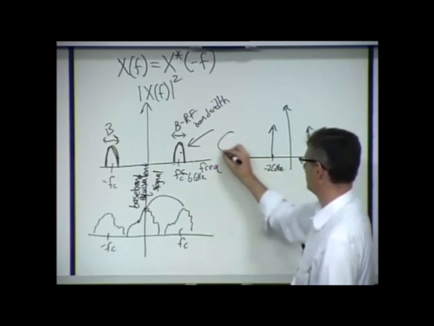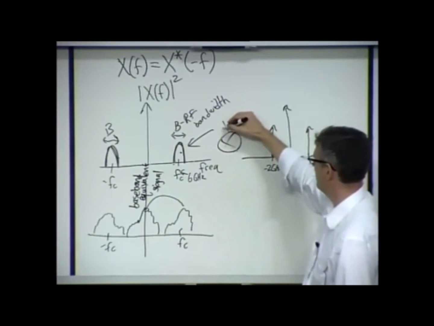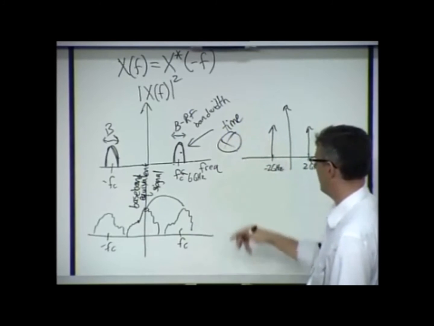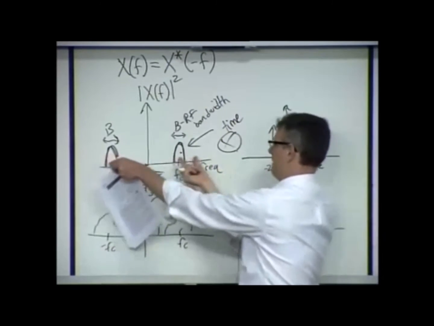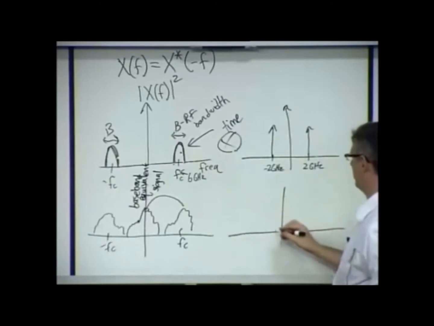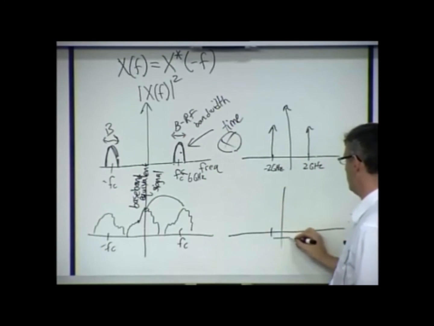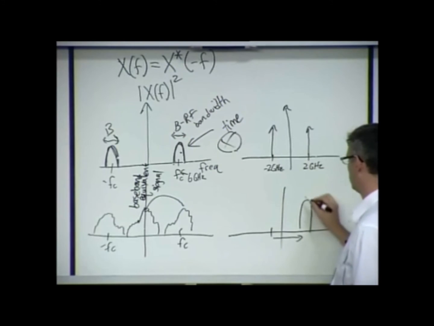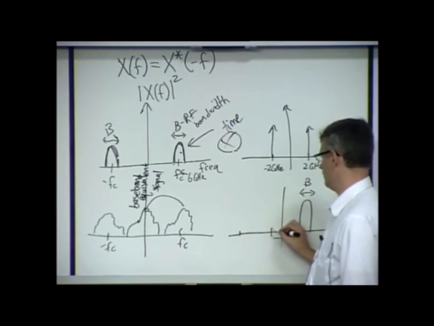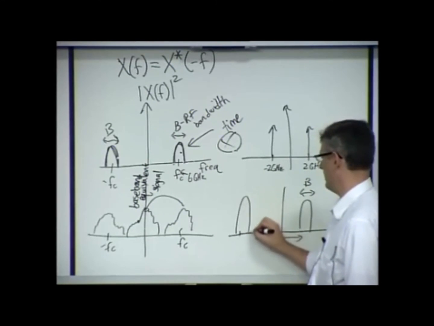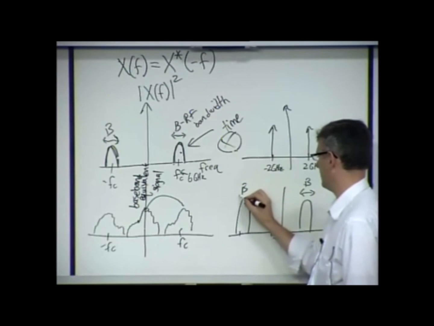So when I multiply these two in the time domain, I convolve them in the frequency domain, and what happens, I just take this signal, I plop a copy down, centered at 2 gigahertz. That means over here, 6 gigahertz away, I have some informative signal, and 2 plus 6, 8 gigahertz away, I have my other copy.